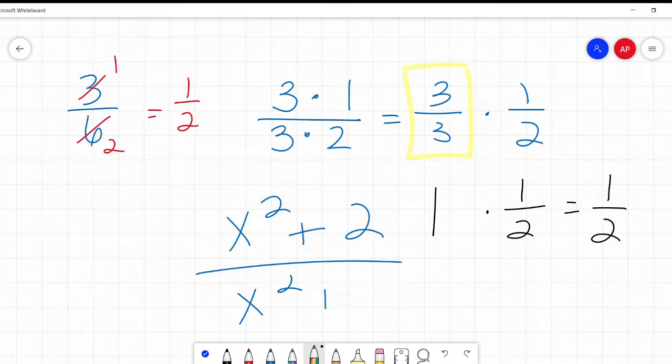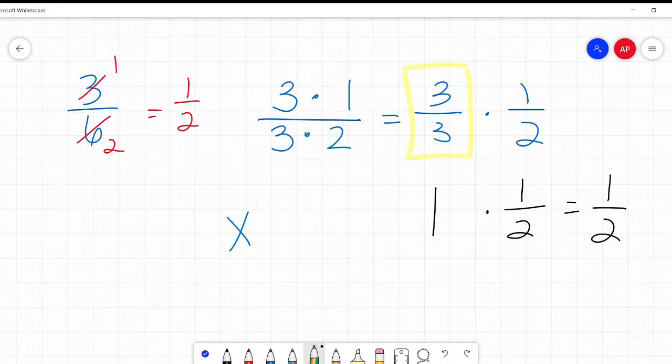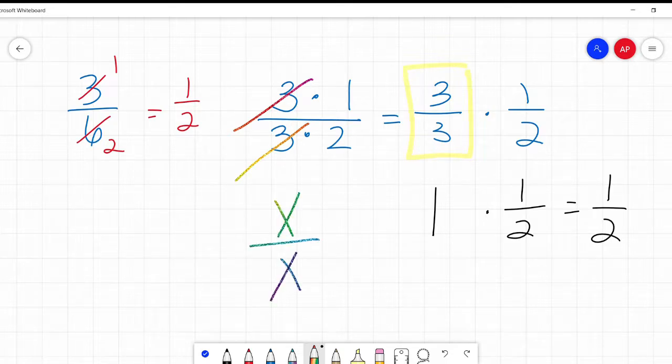No, it has to be multiplied. So when you have these matching pairs on top and bottom, you can cancel them out. That's the principle we're working with because that 3 divided by 3 is 1. x divided by x is 1. It's just like 1 times everything else, so we can get rid of it.